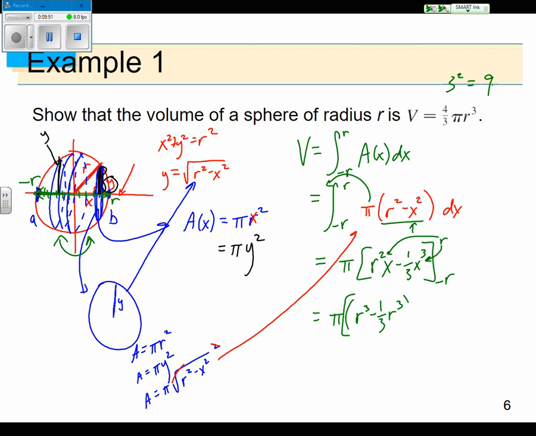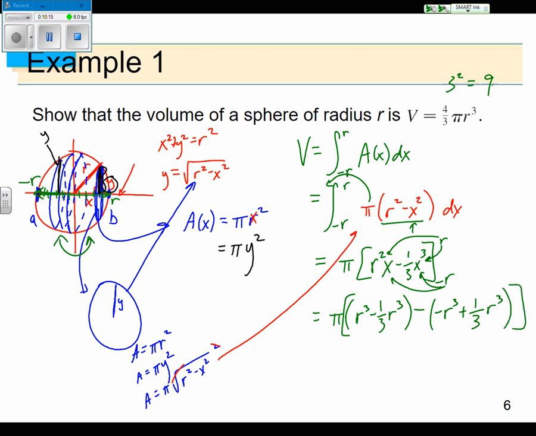I'm going to subtract off. I'm going to plug in negative r. If I plug in negative r, I get r squared times negative r, so negative r cubed. If I plug in a negative r right here, ooh, I think it's going to change it to a positive 1/3 r cubed.